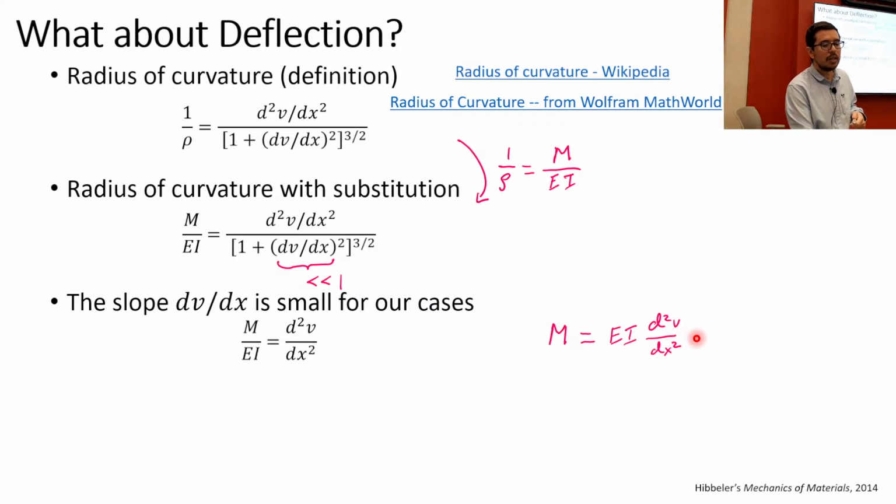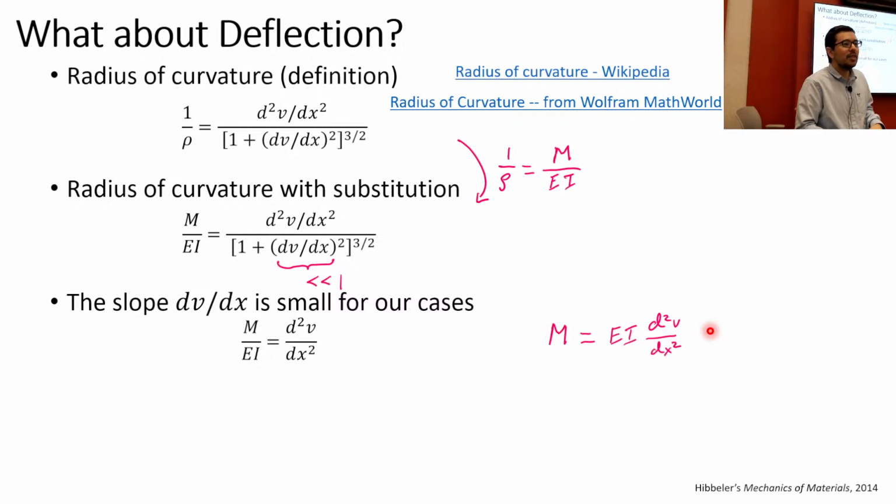If I'm interested in getting v, the little v, the deflection, and I'm given M, I'm given E, I'm given I, all things that you're familiar with, how do I figure out what the little v is? Yeah, you have to integrate. And how many times do you integrate?